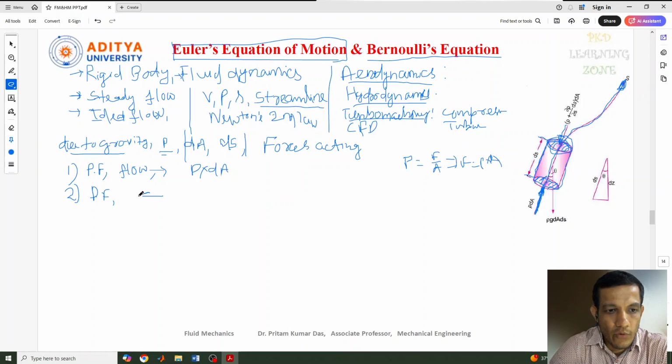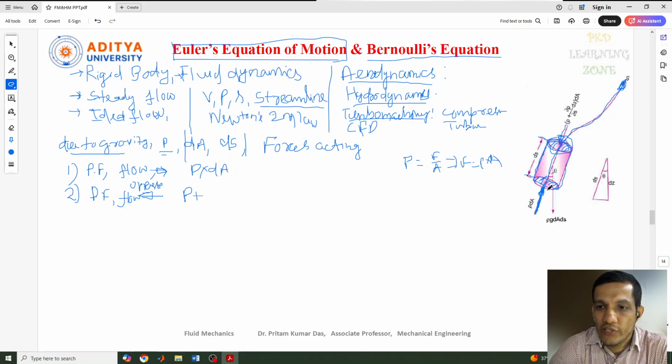So the flow will be reversed. The pressure force acting opposite to the flow, this is the forward direction, this is the reverse direction, that's why it is given. So what will be the extra pressure applied here in this condition?